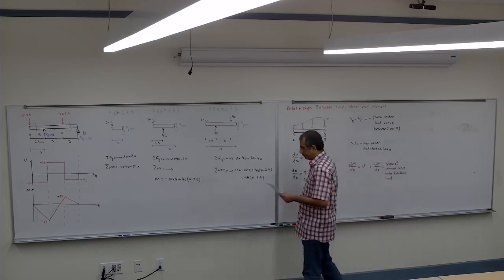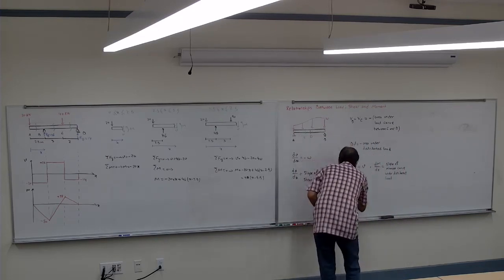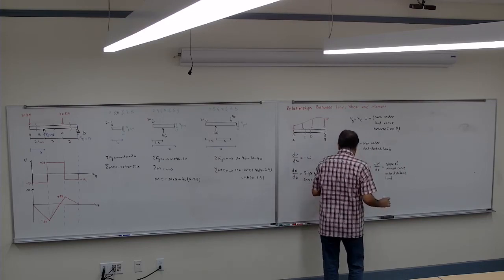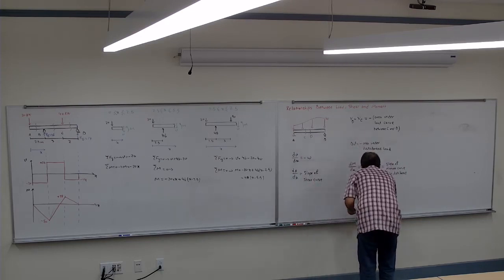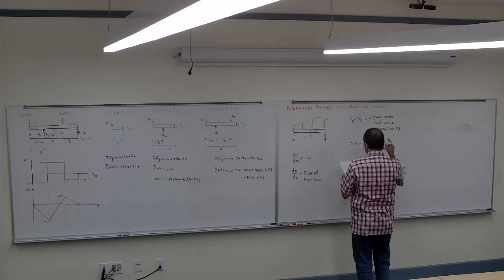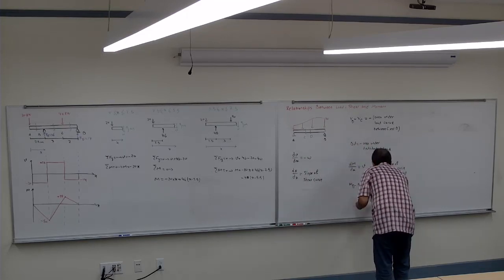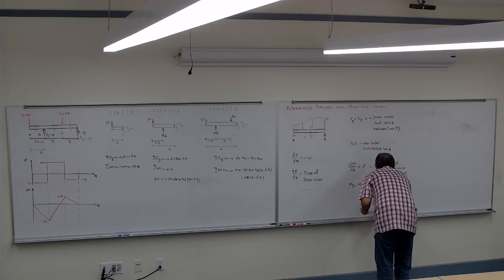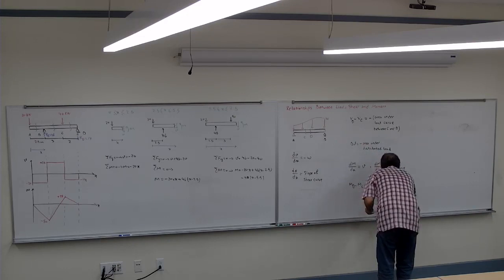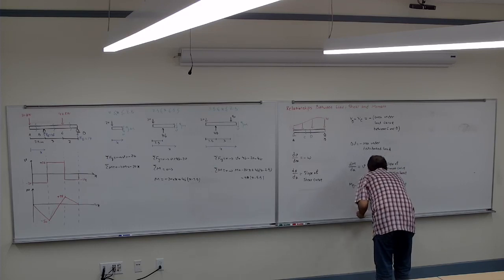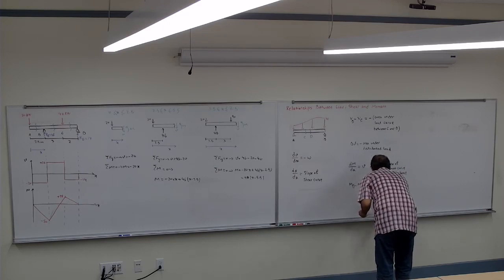Then again, M at D minus M at C is equal to the area under the shear curve between C and D.